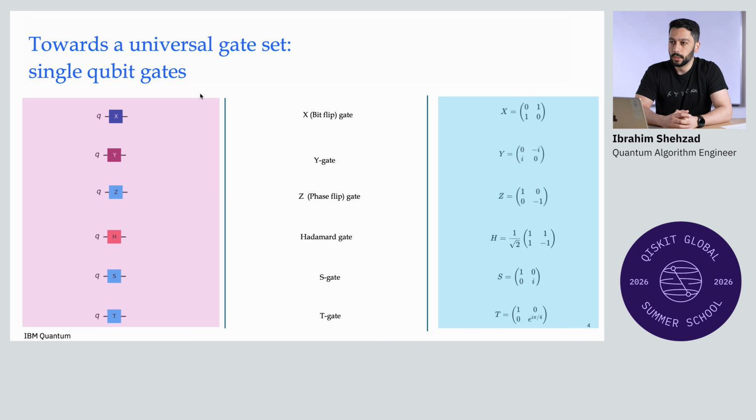So for example, we have the Hadamard gate, which we use to generate superpositions of quantum states, as well as S and T gates. Here you can see on the left how each of these gates is represented in Qiskit. Now, since a quantum state can be represented as a vector with two entries, you can also think of these operations or gates as matrices that act on these vectors. Here on the right, you can see them represented as matrices.